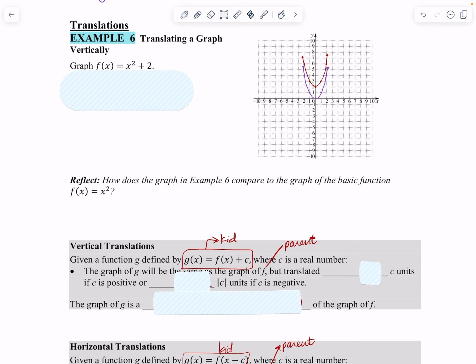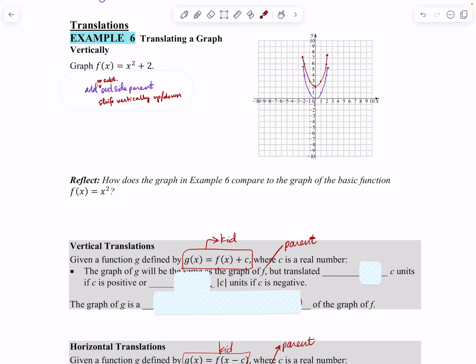So if you were to use your calculator to graph x squared plus 2, you will notice that the parent parabola, here's the parent parabola here in purple, it's going to shift up 2 units.